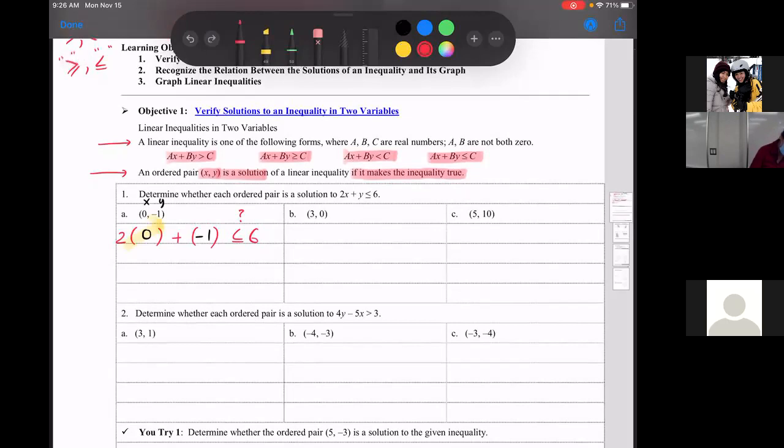However, we have negative 1 here. Is negative 1 less than or equal to 6? Is it true or false? True, right? So that means yes, (0, negative 1) is a solution.